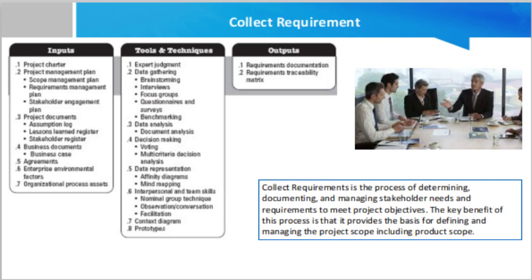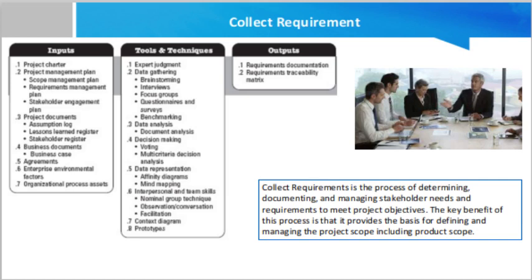Now we shall discuss the inputs for the collect requirements process. Now what are those inputs, friend? Firstly, you need the scope management plan and requirements management plan to understand how to perform the collect requirements process. Then the project charter will help you with high level and initial requirements of the project.